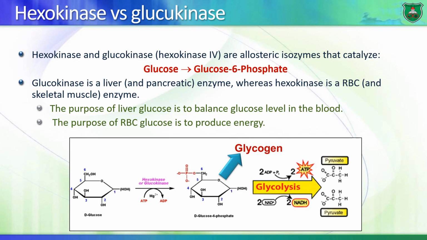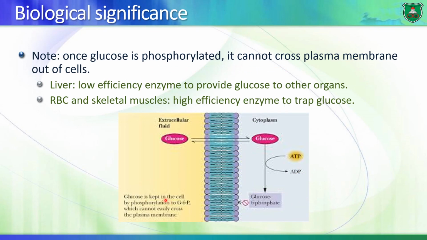Now, here's the biological significance of this reaction, that is, the phosphorylation of glucose. Glucose can get into cells via transporters. Once glucose is inside cells, it can be phosphorylated by hexokinase or glucokinase.